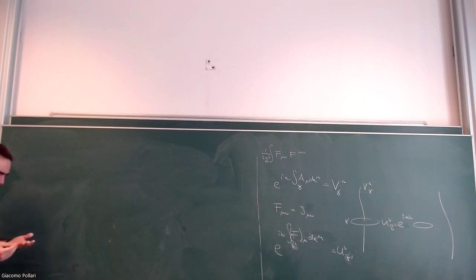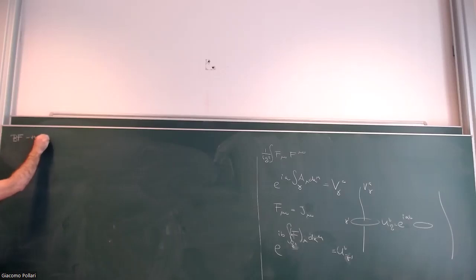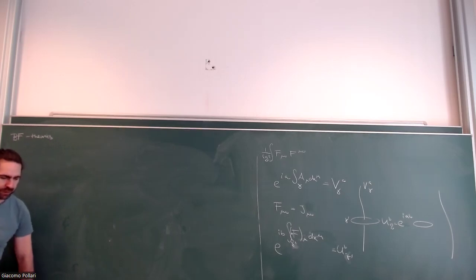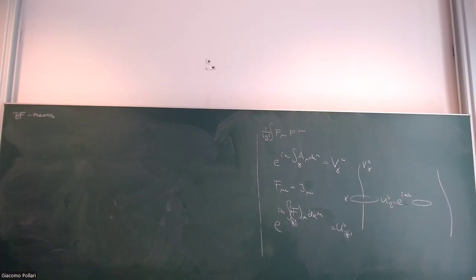So the theories I want to talk about are called BF theories. I'll show you how they are a good playground for these generalized symmetries and what kind of generalized symmetries they yield.